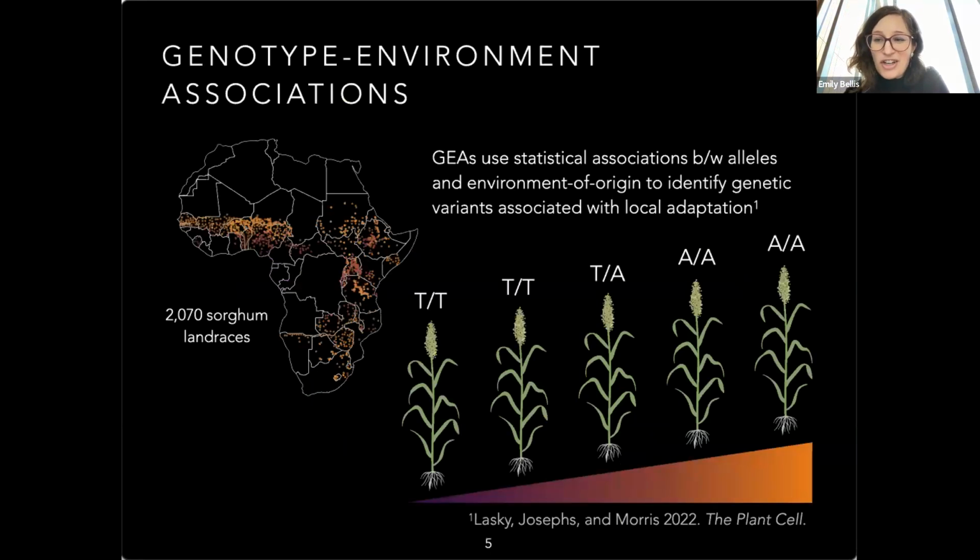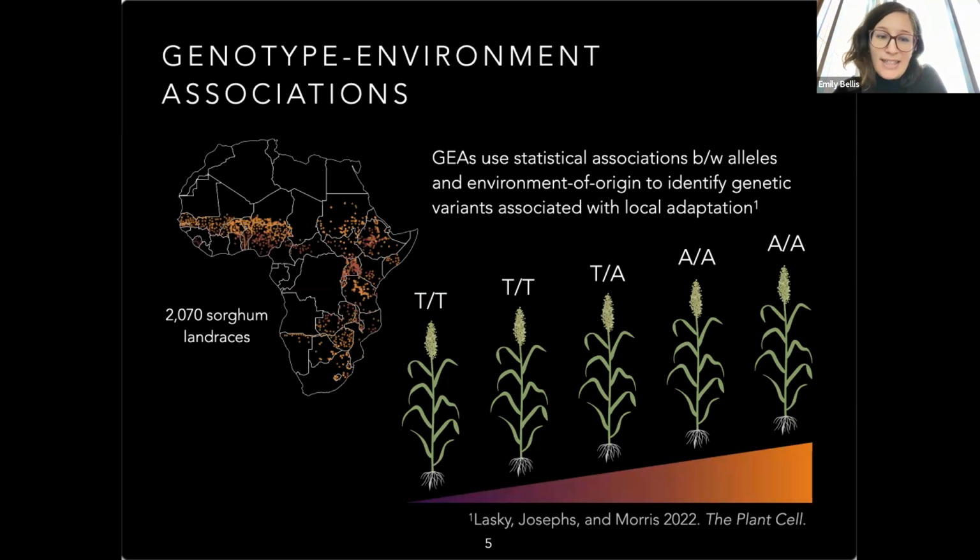All right, so I want to share first one of our bread and butter methods for developing hypotheses to understand the genetic basis of evolution in diverse crop landraces. This is genotype environment association analysis, or GEA, as I'll call it for short.